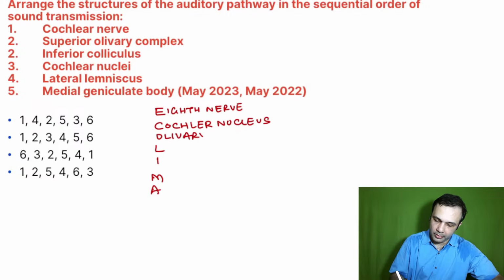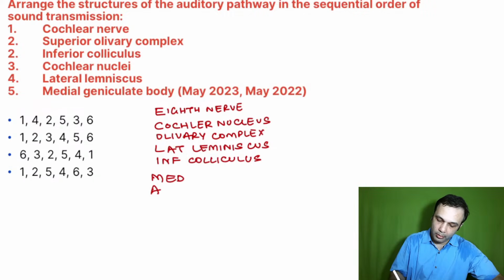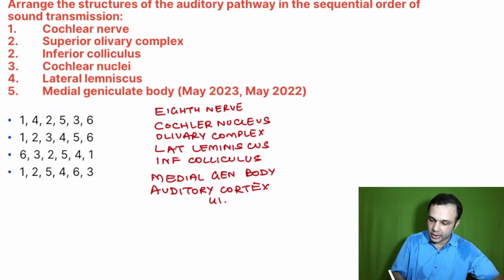You have the olivary complex, the lateral lemniscus, the inferior colliculus, medial geniculate body, and eventually you have the auditory cortex. So when you talk about auditory cortex, you're looking at 41, 42, association is 22 and 52, right?